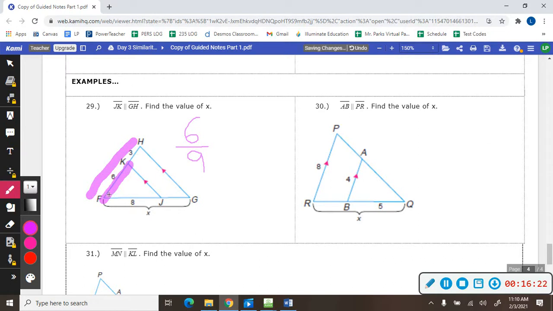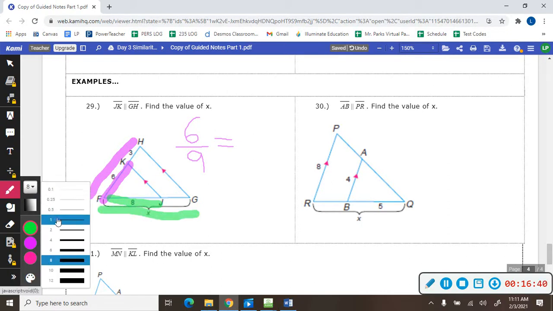Because that's the long part of the triangle. That should equal the short part, 8 divided by the whole thing, x. So I'm going to put 8 over x here.